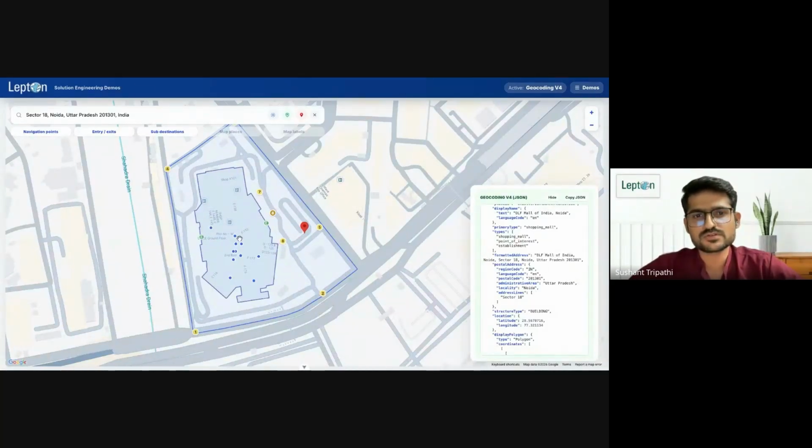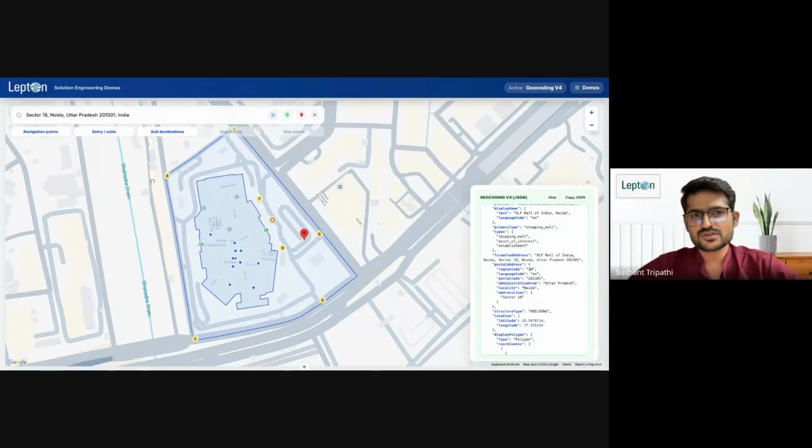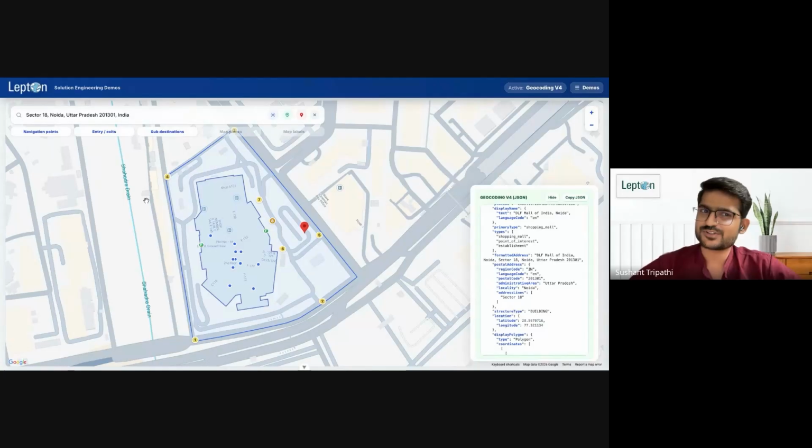So for a user who's standing in KFC or in front of Domino's, he can tell the specific location that I am over here, and that sub-destination can be useful for different operators to locate that user, to pick up the order or drop off the order. So these are the few things that Geocoding V4 gives you.